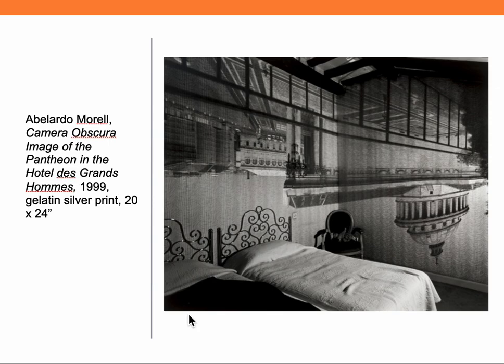He blacks out the windows, leaves a little hole in the blackout, and what's across the street from his hotel room is projected on the wall. Once he's created this camera obscura and has this scene displayed for him, he takes a photograph, a gelatin silver print, a traditional kind of photograph of what he's seeing while standing inside that converted hotel room.